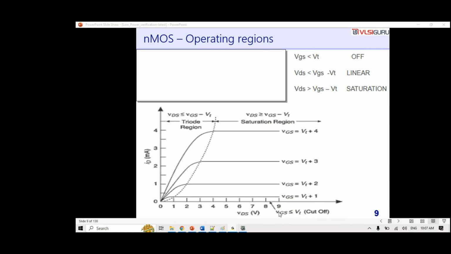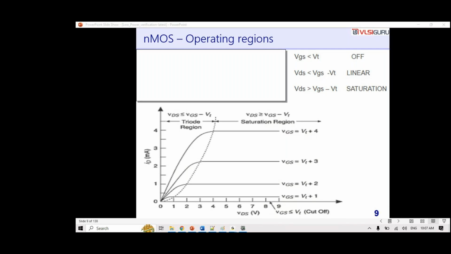And in this graph, the x-axis is the drain to source voltage. ID is the drain to source current, the current going from drain to the source, in milliamperes, and VDS is in volts.